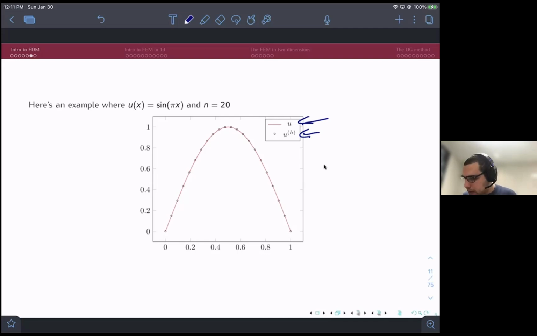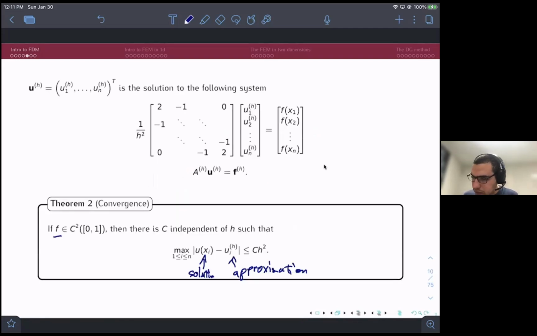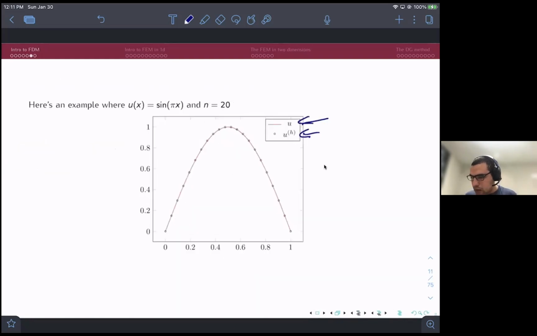It is fine because the system right here is a very simple system and can be solved in O(n) operations because it's a tridiagonal system. Now you can see, for example, that the error is bigger at the middle, and you can guess why, because the second derivative here would be pi squared sine pi x, so it's bigger.